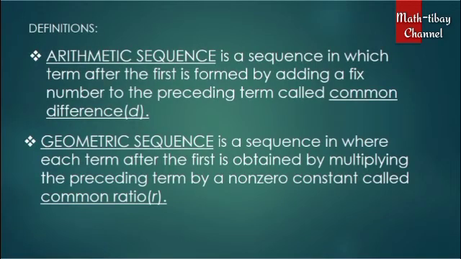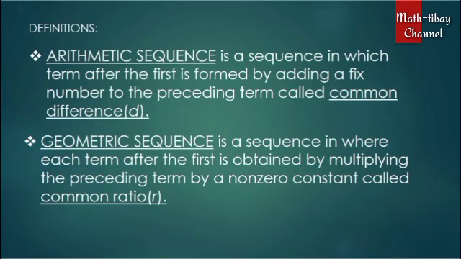Okay, ito yung mga definition ng arithmetic sequence and geometric sequence. In arithmetic sequence, it is a sequence in which each term after the first term is formed by adding a fixed number to the preceding term, called the common difference.